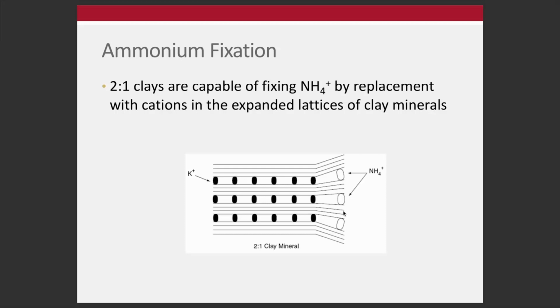In a lot of our managed soils, there might be 1, 2, 5% of our total ammonium that's fixed, but it's still a potential pathway for transformation. You can think of it like storing it in a sponge of sorts, and ultimately that's going to be released back into the system, but it might not be till next week. It might be next month, next year, next decade, et cetera.